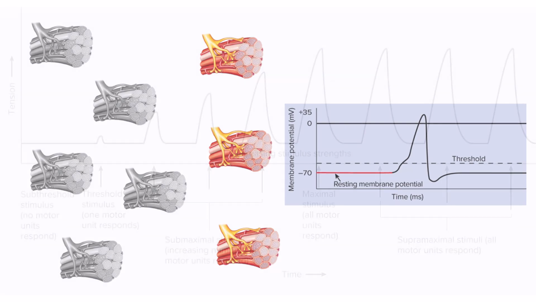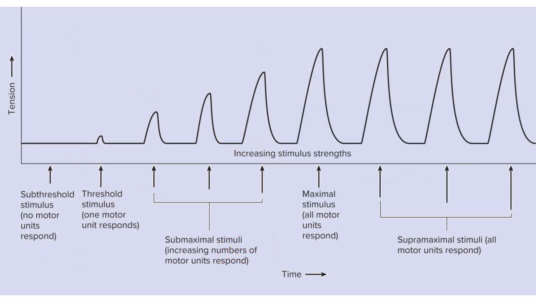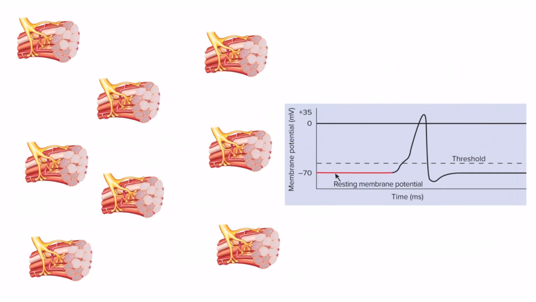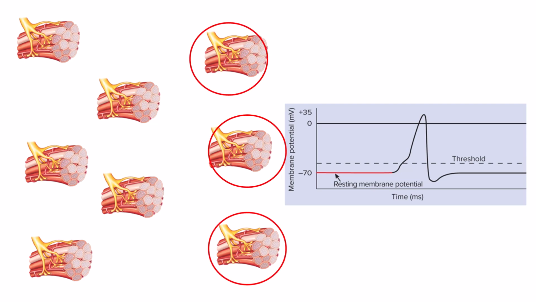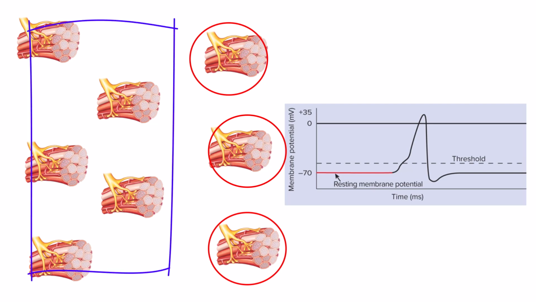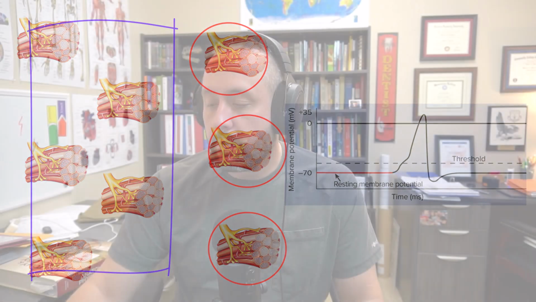But if I sustain that force and my signal gets stronger, see my amplitude getting taller here? More motor units are going to be recruited, and I'm going to get more lifting power. What's key is that these are activated at a certain voltage threshold, and these won't be activated until more voltage is met, or the signal gets stronger and they're able to meet their thresholds and jump in there and help.